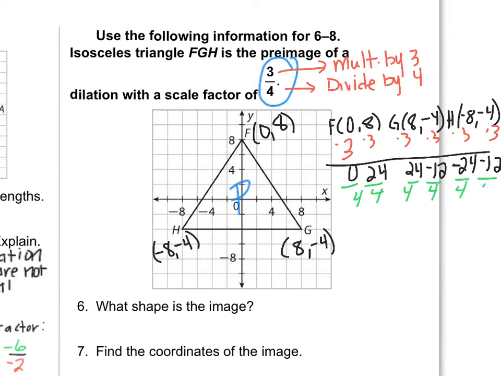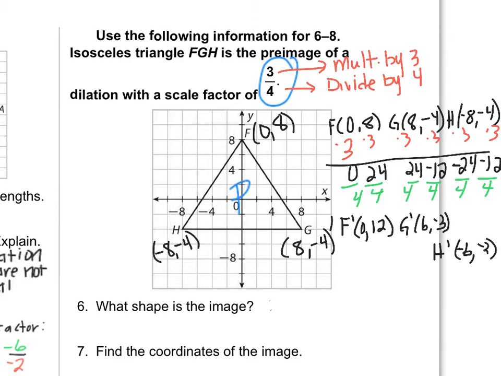And we will have the coordinates of F prime, G prime, and H prime. So here are the coordinates: 0, 12, 6, -3, -6, and -3.